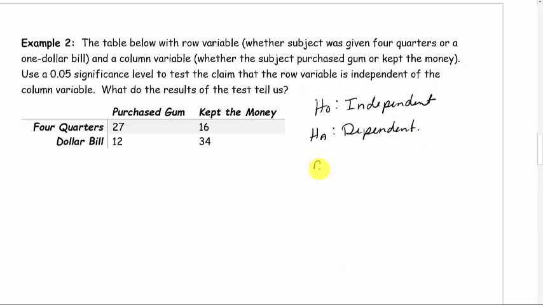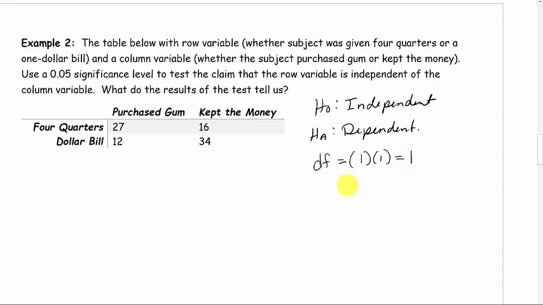Next, our degrees of freedom. That's the number of rows minus 1 times the number of columns minus 1. There are 2 rows and 2 columns. 2 minus 1 is 1, and so we just get 1 times 1, or 1 degree of freedom for this test.